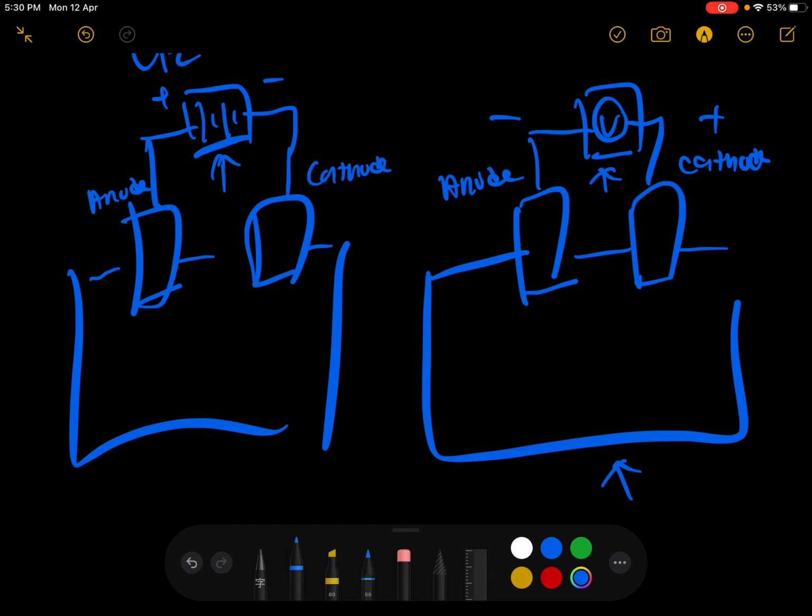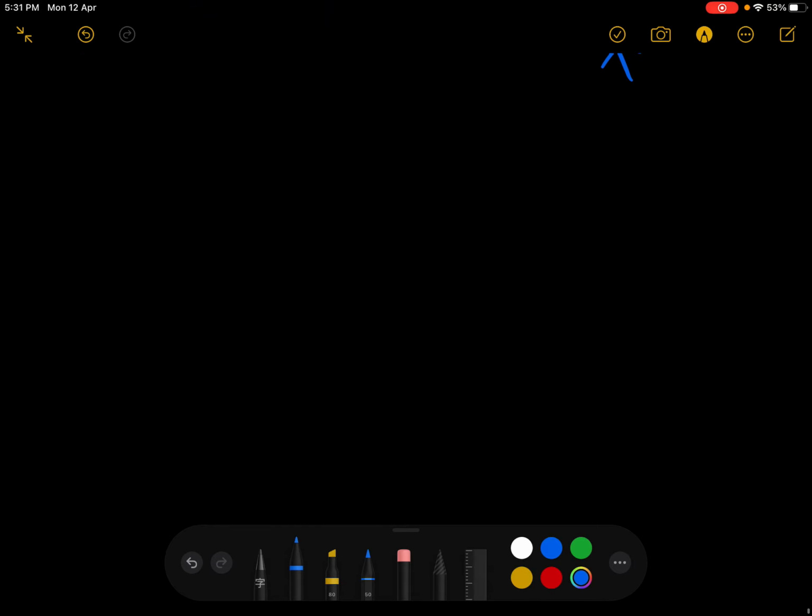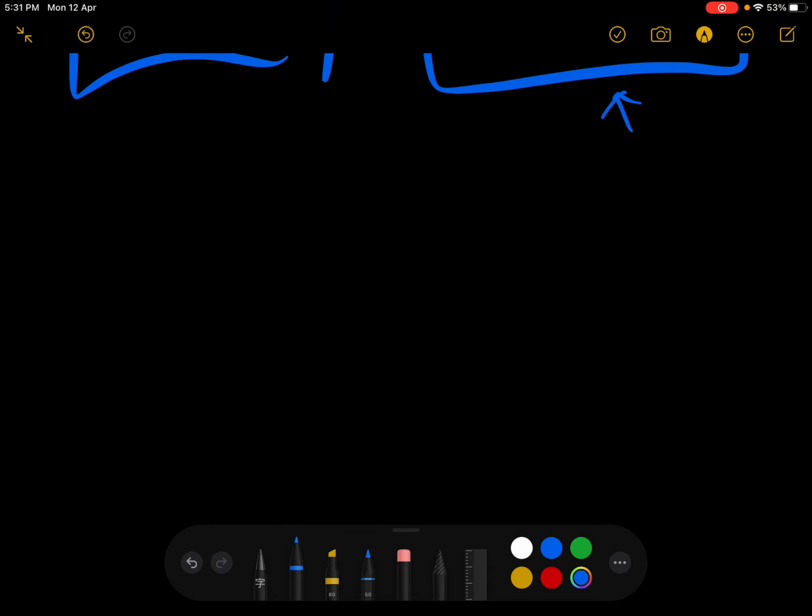But if you go to the section on electrolytic cell, on page 39, the positive terminal is connected to the anode, and the negative terminal is connected to the cathode.